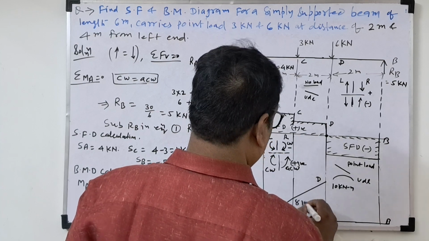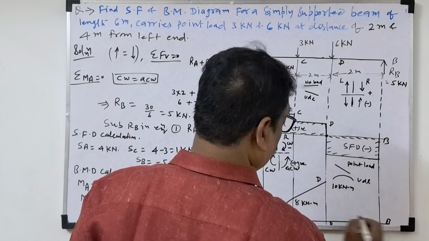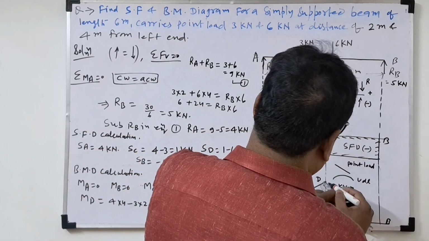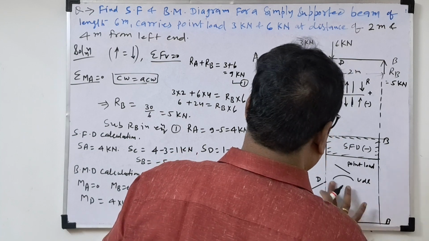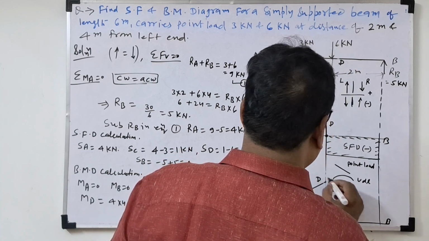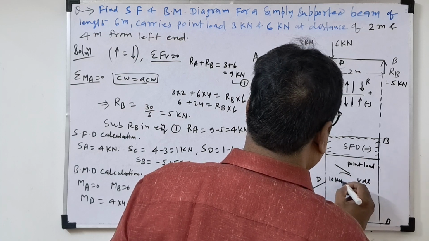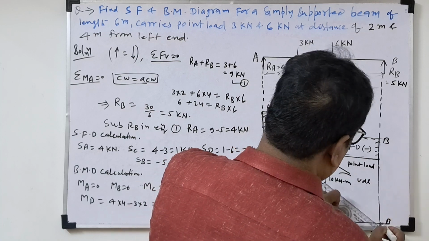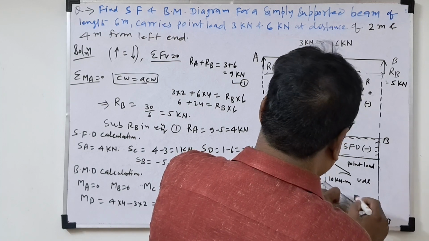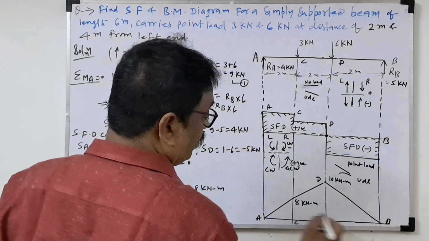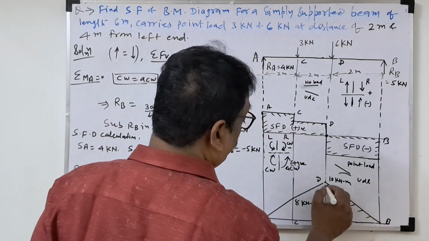This is 8 kilonewton meter. This is 0. Now we'll join this. B to A will join this. Here 10 kilonewton meter. Now this will join this line too. So this is the bending moment diagram for point loads.